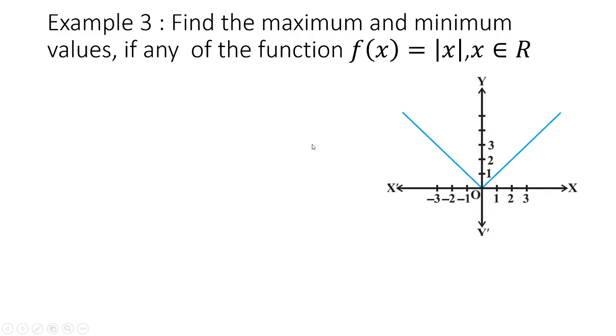Now the third example: find the maximum and minimum values, if any, of the function f of x equals mod x, where x is a real number. Mod x is also a standard function, so from the definition you can see that mod x is always greater than or equal to 0 for any real number. So for any x belongs to R, f of x equals mod x is greater than or equal to 0.